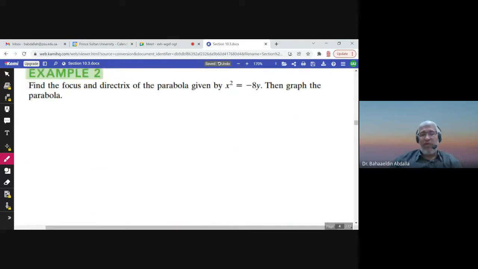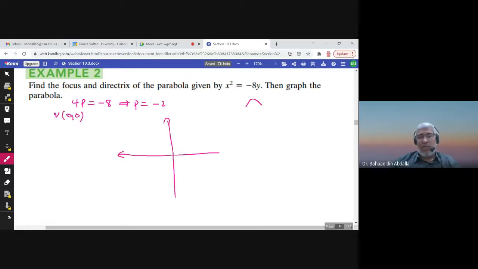So let us find the focus, the directrix, and sketch the graph of this parabola. I have x squared equals, so the graph opens up or down. Negative 8, so the graph opens down, okay? 4p is negative 8. So p is negative 8 over 4, which is negative 2. The vertex is (0, 0). So I start with the vertex, and then the absolute value of p is 2.